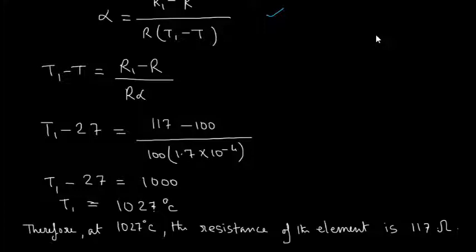T1 minus 27 is equal to 1000. T1 is equal to 1027 degrees centigrade. Therefore, at 1027 degrees centigrade, the resistance of the element is 117 ohm.